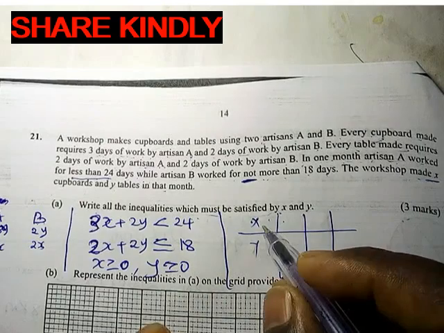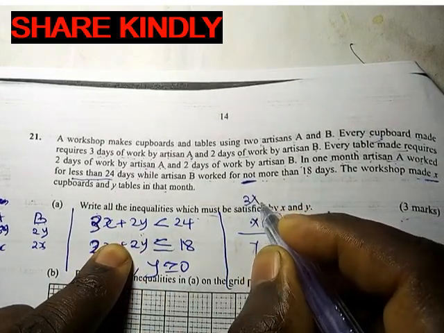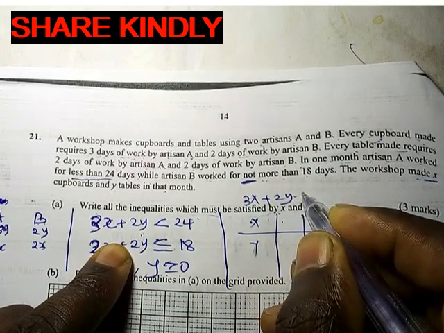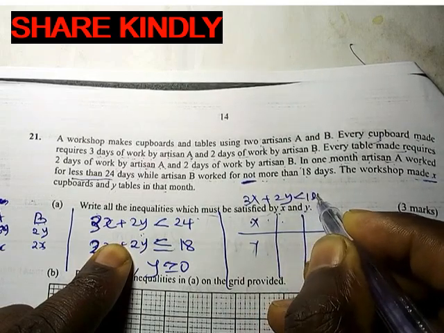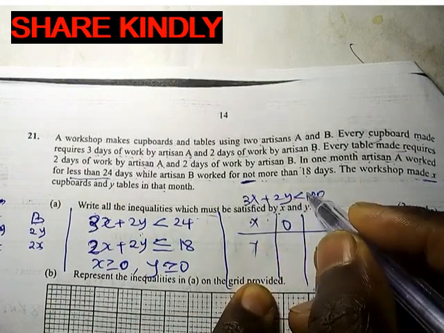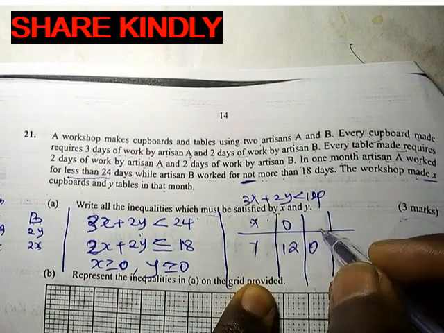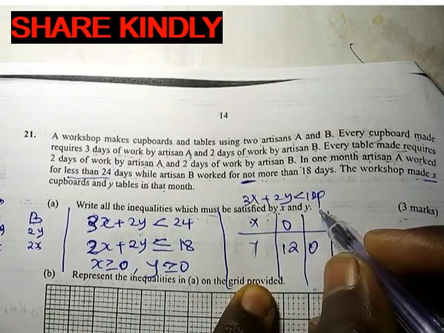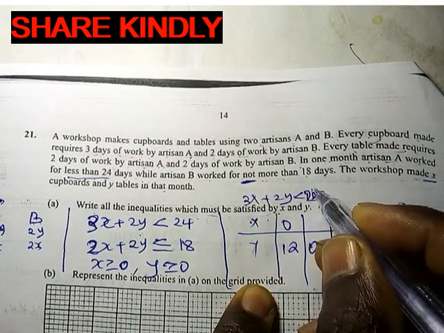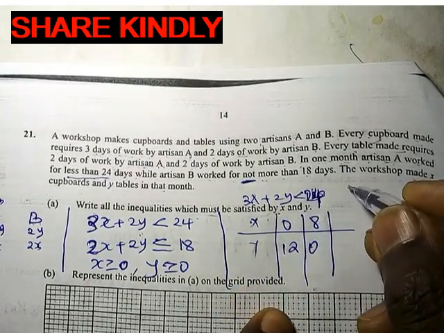So for the first one, 3x plus 2y is less than 24. When x is 0, y will be 12. When y is 0, 24 divided by 3 will be 8.